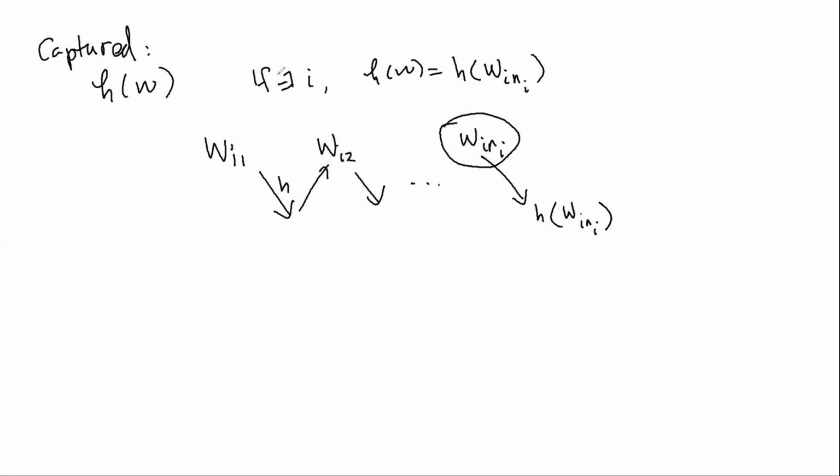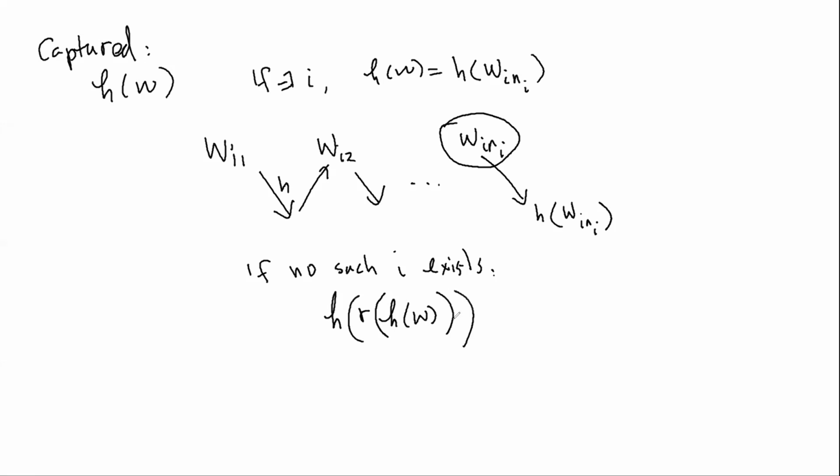So if no such I exists, what you want to do is, we have H of W. I'm going to reduce its length and then apply H. And then repeat the process to see whether there is one row, one train, that even though no such I existed, we try to find if there is J such that after this it's equal to H of WjNj.